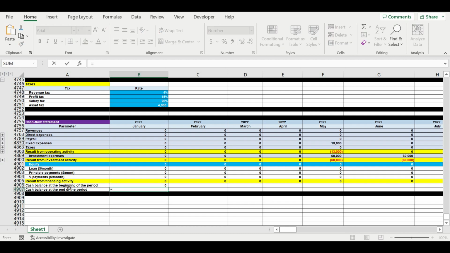Cash balance at the end of the period will be the sum of this line, this line, this line, plus cash balance at the beginning of the period.